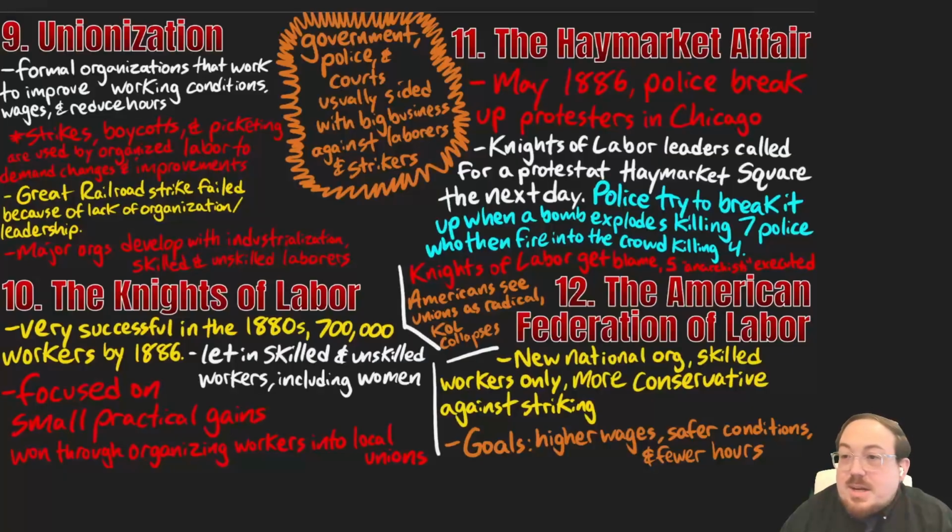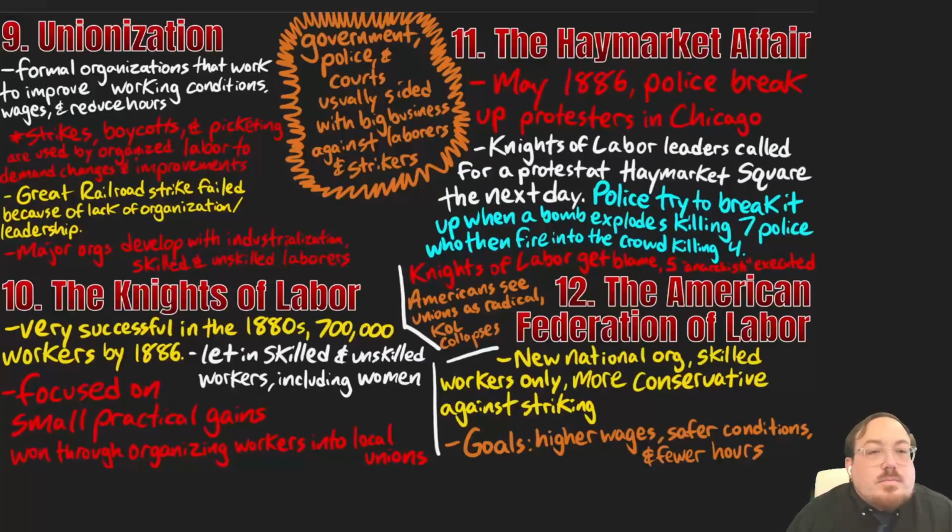You can also do boycotts. This is when you ask other people not to buy from that business in order to put more pressure on the owners and the leaders. And then there's picketing, which usually goes in between both. This is where you have people standing outside of businesses holding signs and saying, "Don't shop here, my boss is horrible to us," or whatever.